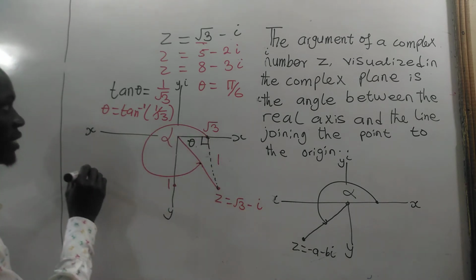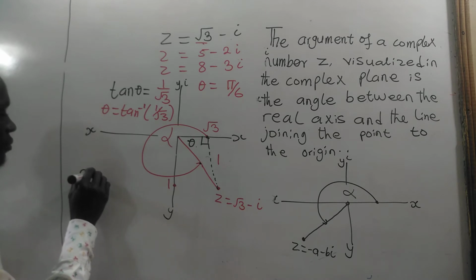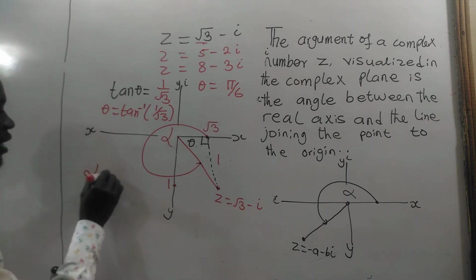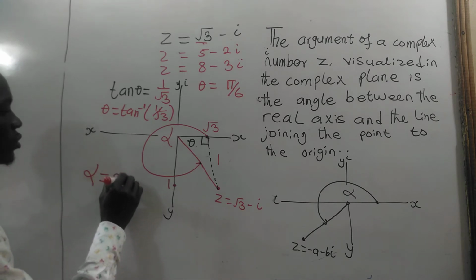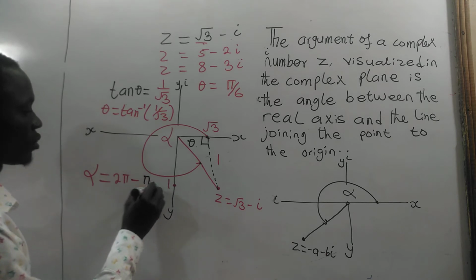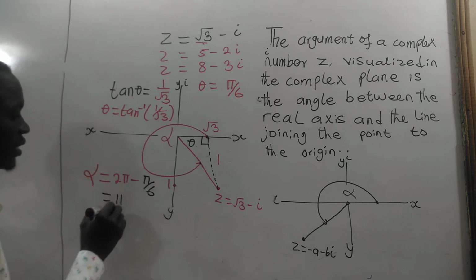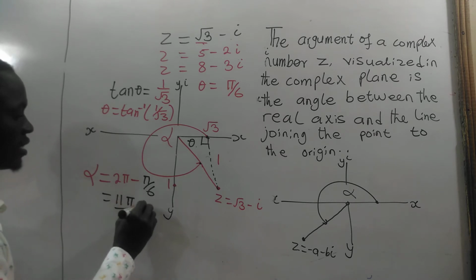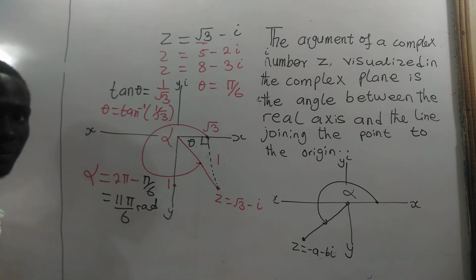So here I'm going to write the argument. Okay, let's write alpha because I've used alpha there. Alpha is equal to 2 pi minus pi on 6, and that will give me 11 pi on 6 in radians.